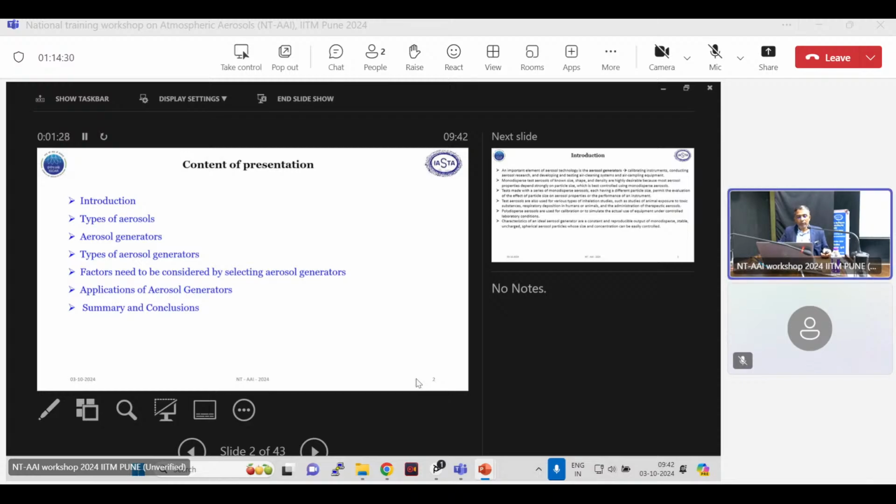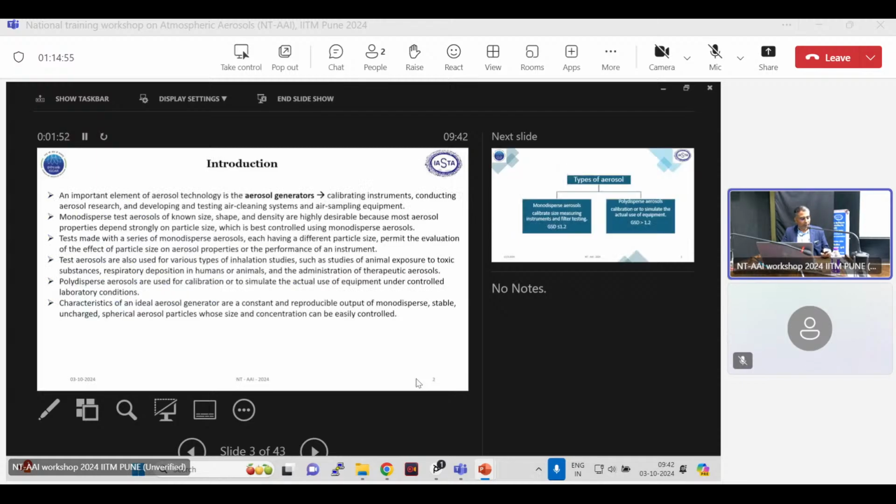Then aerosol generator principles and types of aerosol generators, from atomizer to nebulizer to electrostatic atomizer, and evaporation condensation method and vaporization and condensation method. Then factors to be considered for selecting the aerosol generator, then applications of aerosol generators, and then I will conclude my talk. So, beginning with the introduction.